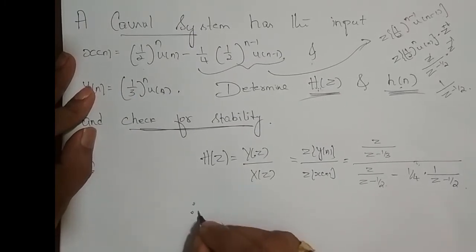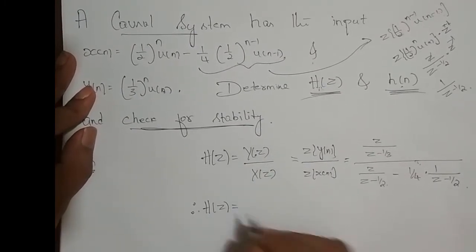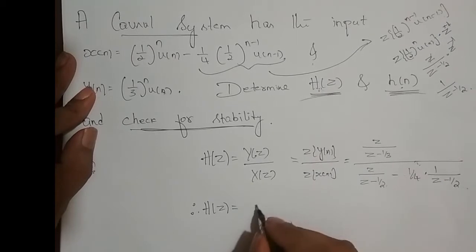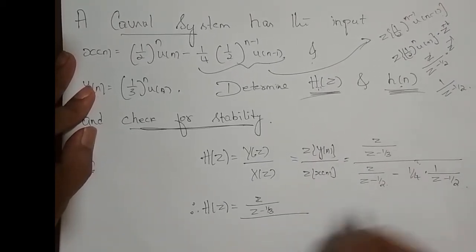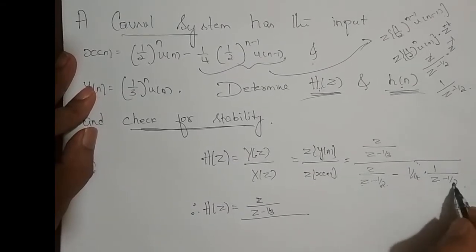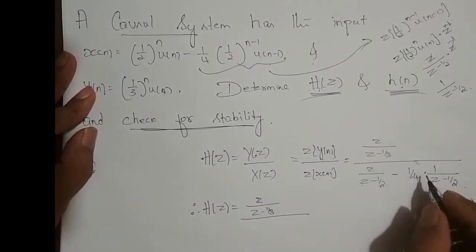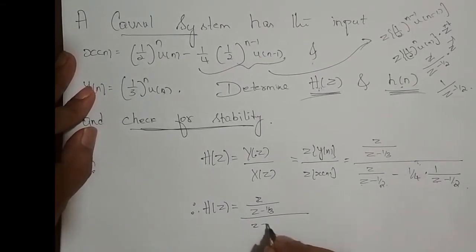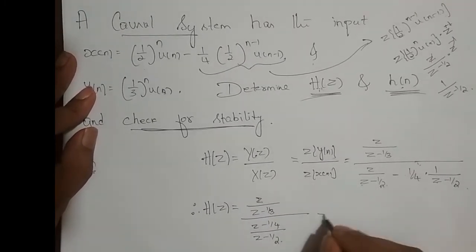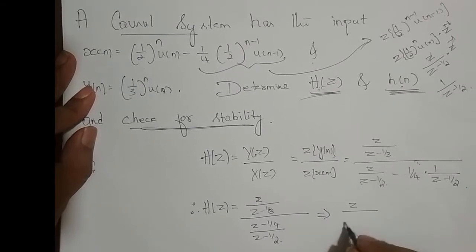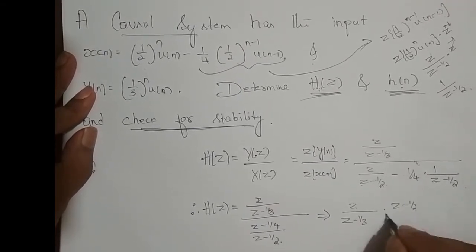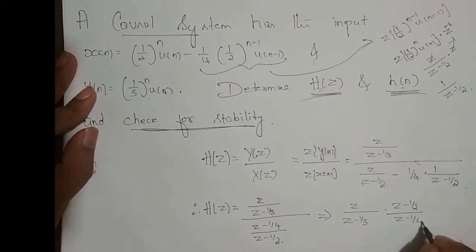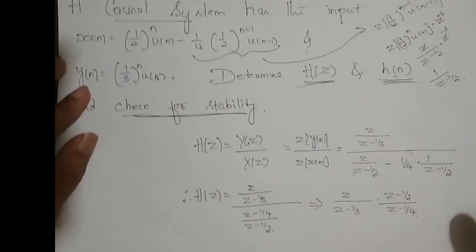So therefore, H of z is equal to, I can simplify this. The numerator is z divided by z minus 1/3, whole divided by, since z minus 1/2 is common, the numerator is z minus 1/4 divided by z minus 1/2. So I can write this as z divided by z minus 1/3, into z minus 1/2 divided by z minus 1/4.